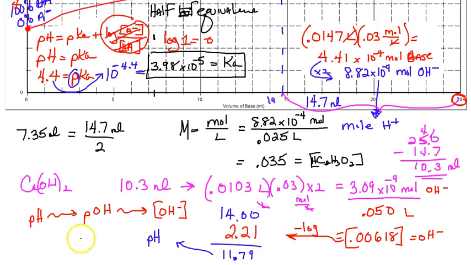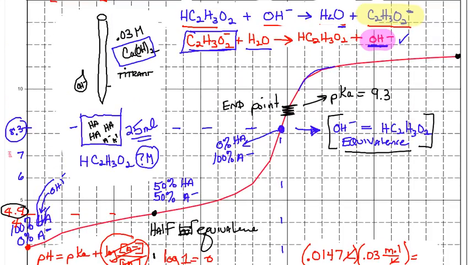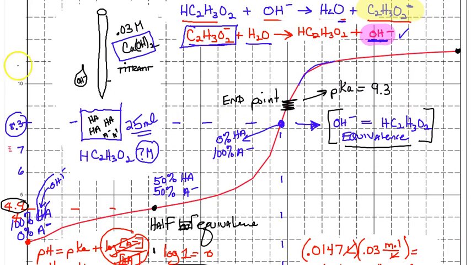And that's my final thing. Remember, kW is equal to the pH plus the pOH. Okay, so my pH is 11.79. And if we look here, this is 11, this is 12. 11.79 is what I got, but it's pretty darn close. Okay, so good estimate. So I hope that helped with that.